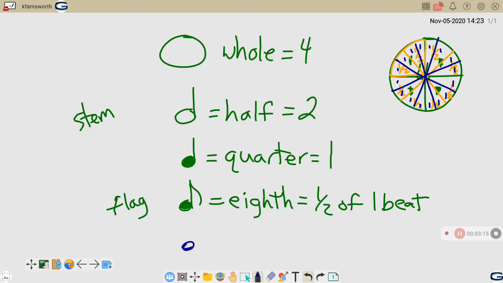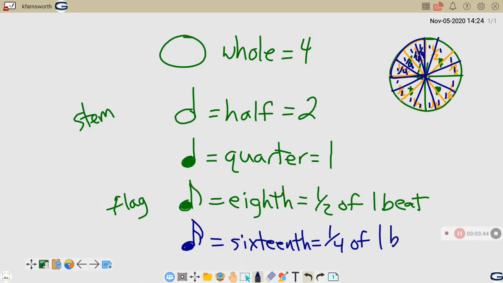So I take my eighth note and I add 2 flags to the side of it. And we call them 16th notes because there are 16 of them. And each one of these, here's my single beat again, is right here. Each one of these is now worth 1/4 of that single beat that was there. I'm not going to draw those all the way around, but this is 1/4 of 1 beat.